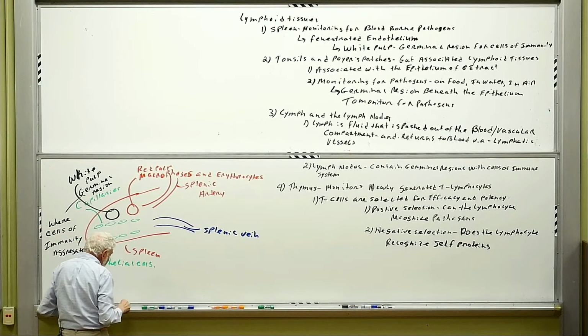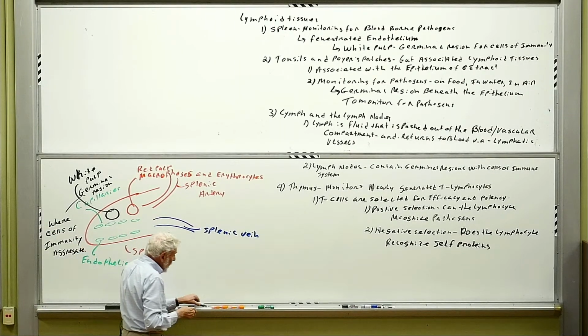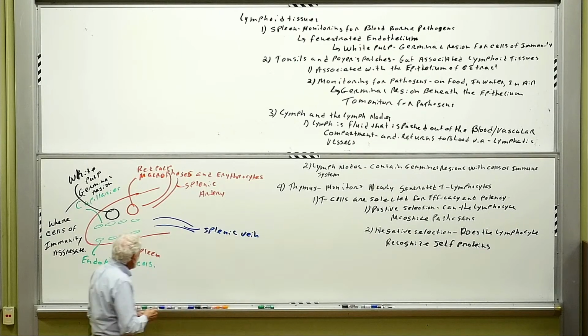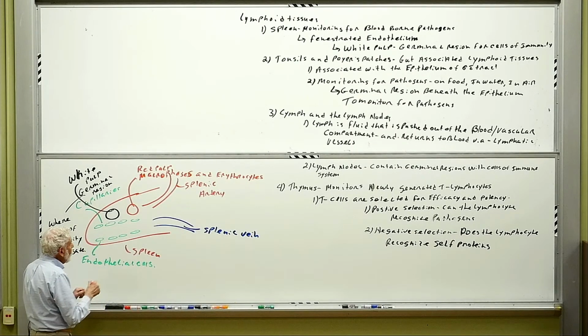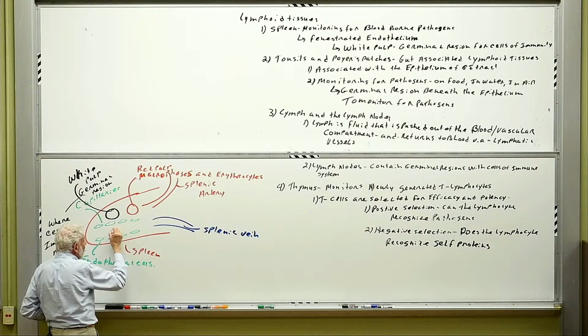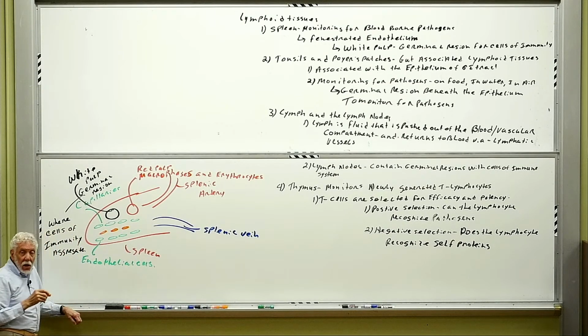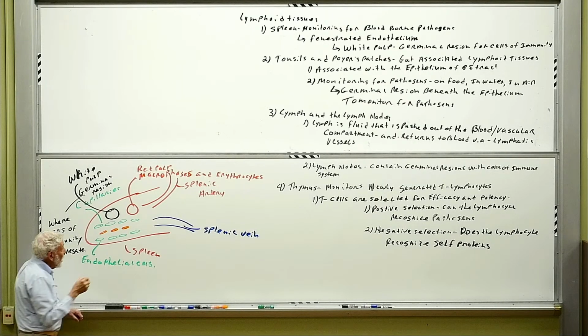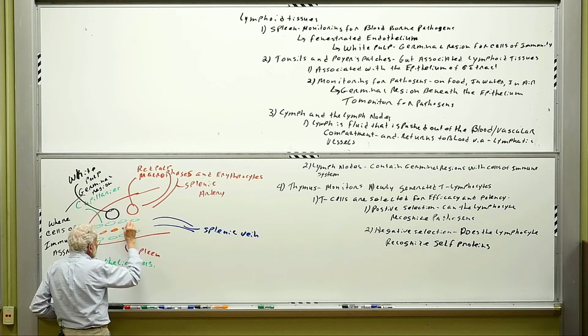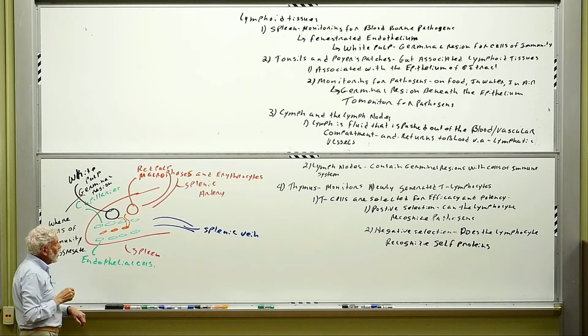Now that becomes important because the fenestrated capillaries in the spleen will allow for bacteria, which are only a fraction the size of erythrocytes, to escape the blood vascular compartment and come out into the interstitial space.